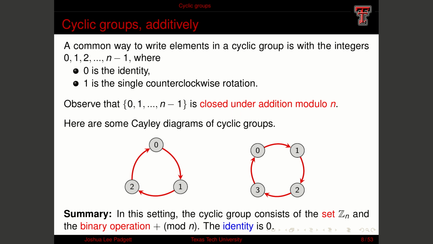We need to have a notion of an identity, which is 0, and then we need a notion of inverses. Now, we don't have negative numbers, but the idea is if you choose a number from this set, let's call it a, then its inverse is just n minus a, whatever it takes to get to the number n so that it's mapped back to 0.